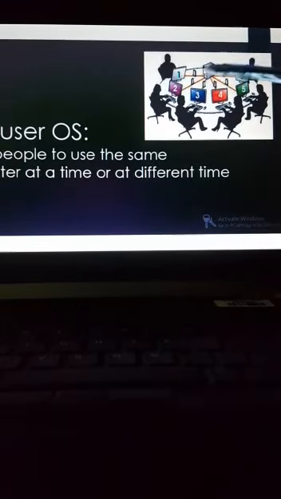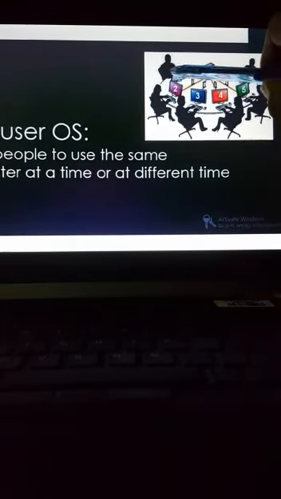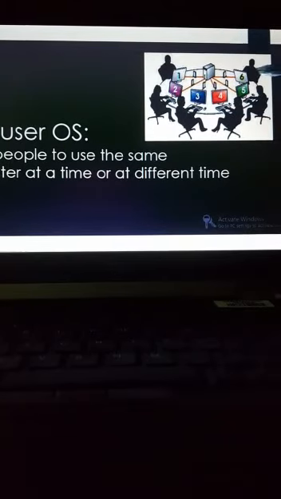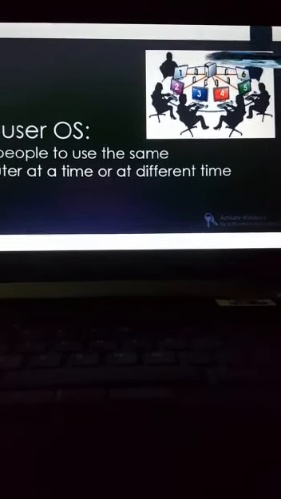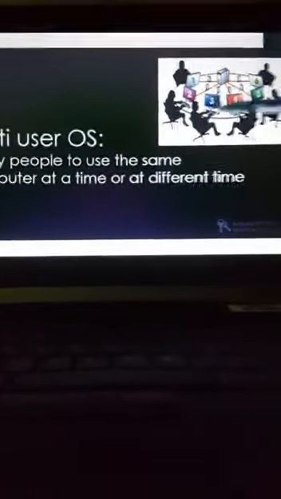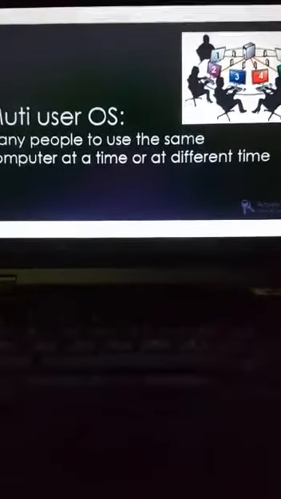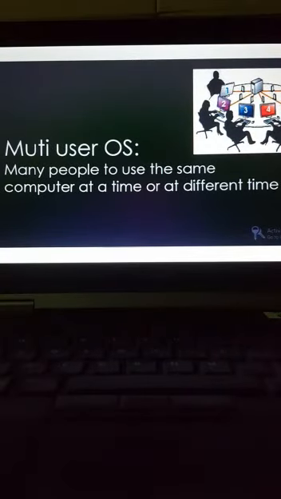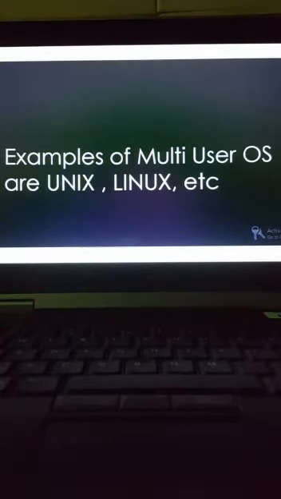The people use the same one computer at a time. This is the example of multi-user OS, meaning operating system. Some examples of multi-user operating system are Unix, Linux, etc. These are the multi-user operating systems, and a few more examples which we will learn further.